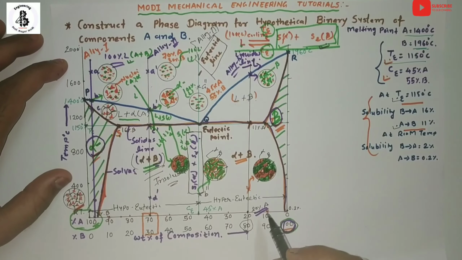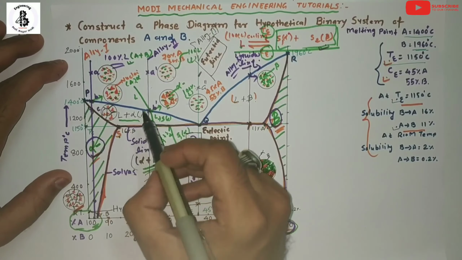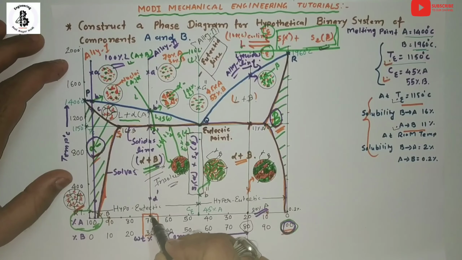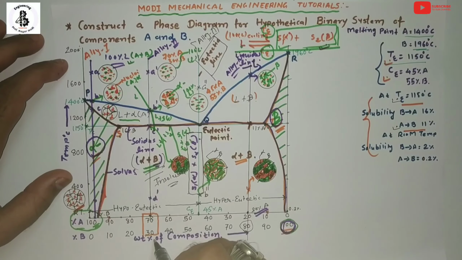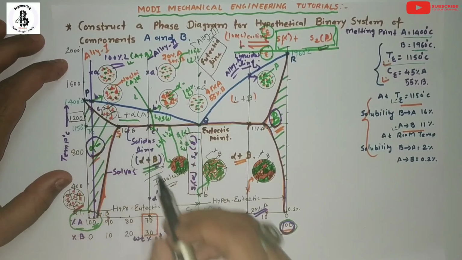Now I would also like to make a relation of the weight percentage of the liquid and solid alpha for a hypo-eutectic transformation. So you can take this point as 70% of A and 30% of B at around 1200 degrees centigrade.